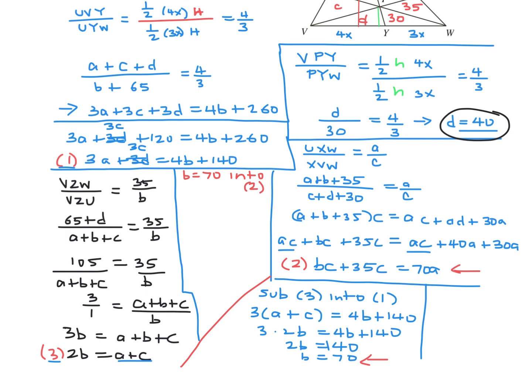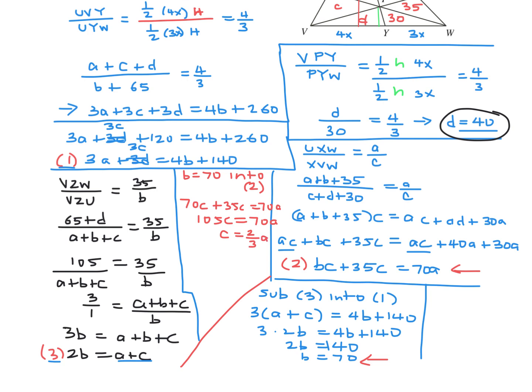So that's going to give me 70C plus 35C is 70A. So that's 105C is 70A. So that means C is equal to 2 over 3A.